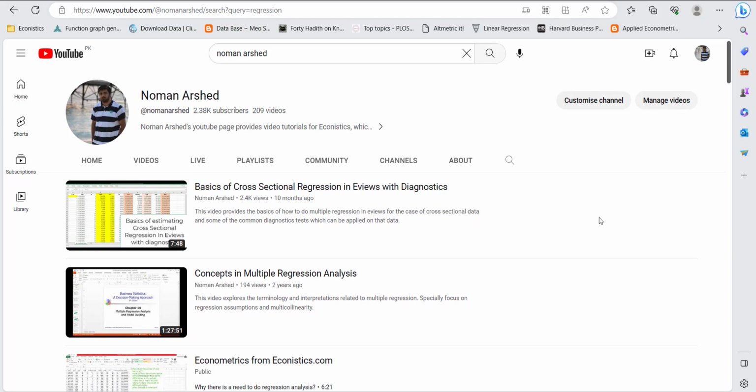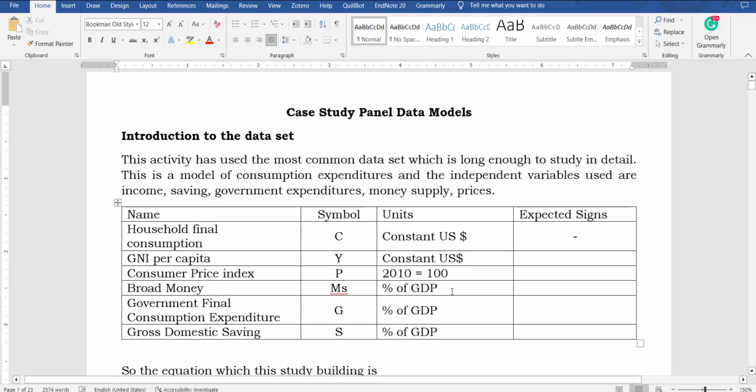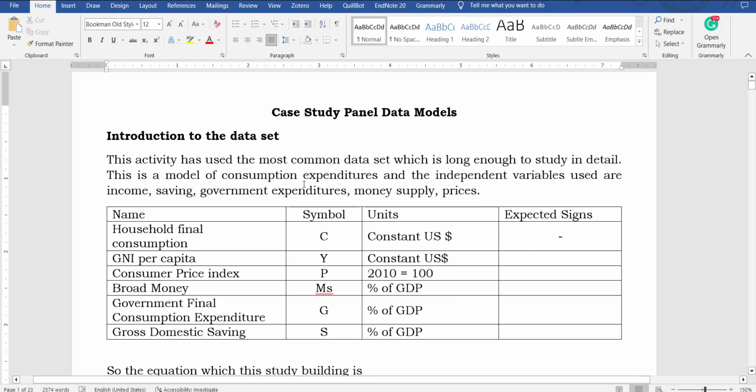So now we're going towards the example that we are going to do as a case. I will start discussing this case in this video. I have collected data for these variables from the World Bank. The data is consumption as a consumption variable, income, prices, broad money, government expenditure, gross savings.